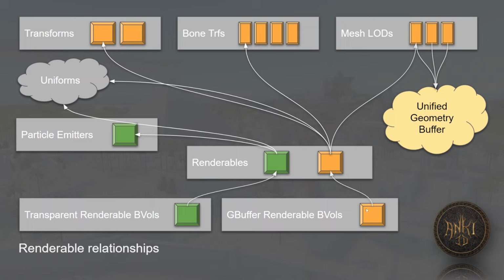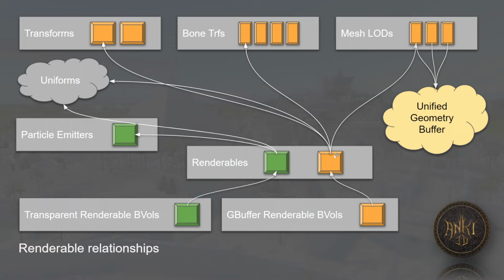Now the orange is an opaque object. Think of it as a column in Sponza, for example. Here, this one is rendered in the gbuffer pass, so it lives in a different array of renderable bounding volumes. It points to the renderable, and the renderable points to uniforms, transforms, bone transforms maybe, and the Meshlet, which are practically descriptors of the geometry.